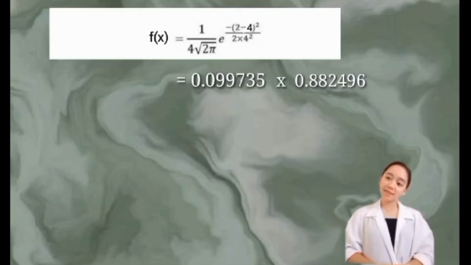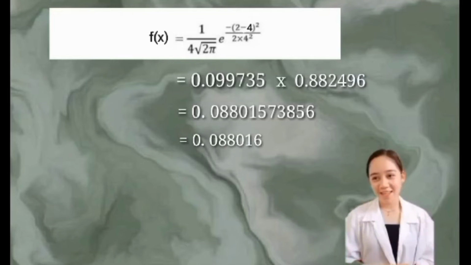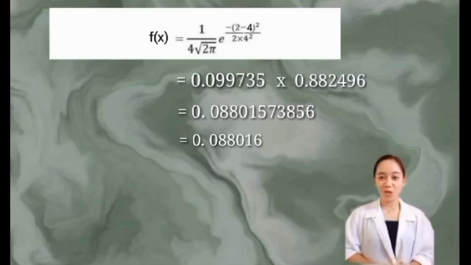So with that being said, the product of those two values is equal to 0.08801573856, or 0.0880 rounded off.